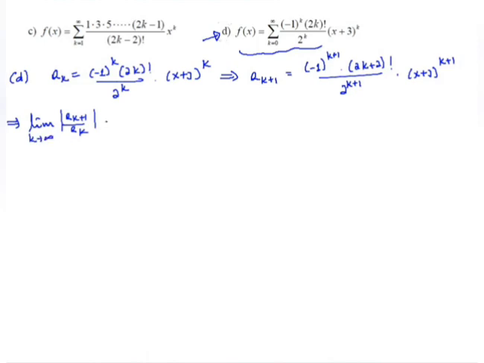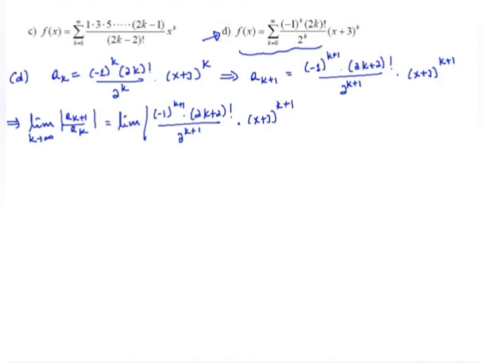የዚህን ሊሚት ማየት ያስፈልጋል። So this means the limit of, in the absolute value, -1 to the power of k plus 1 times 2k plus 2 factorial over 2 to the power of k plus 1 times x plus 3 the whole to the k plus 1.